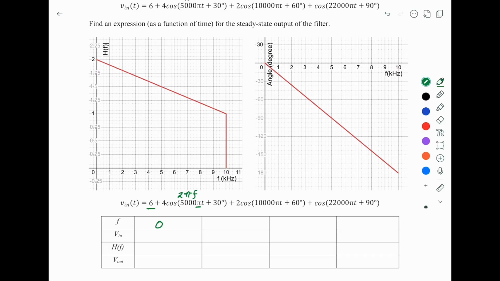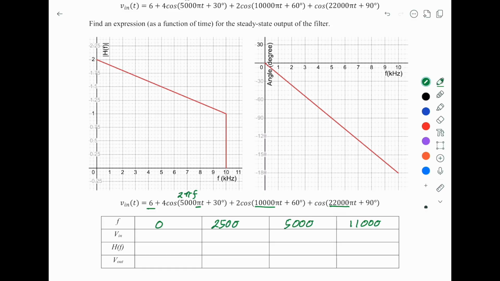So the frequency is 5000 divided by 2, so this is 2500. The third term, divide this number by 2, is 5000. The last term is 11,000.